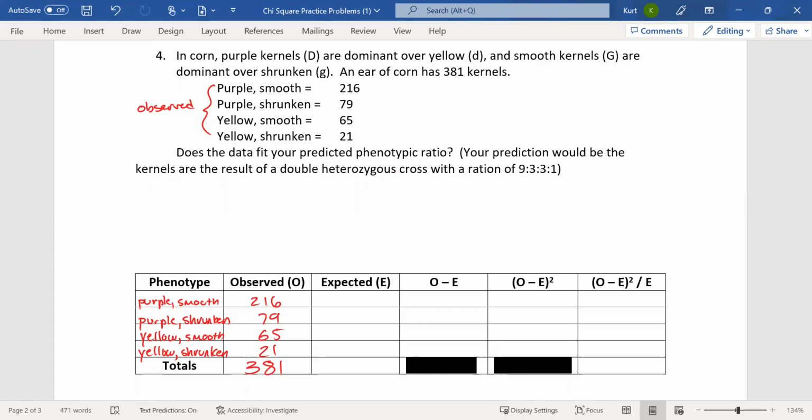So one way you could find, and I honestly doubt any of you did this, but I want to show you a new way, is 9 divided by 16, 3 divided by 16, 3 divided by 16, and 1 divided by 16. If you did that in your calculator, here are the frequencies that you would get: 0.5625, 0.1875, 0.1875, and 0.0625.